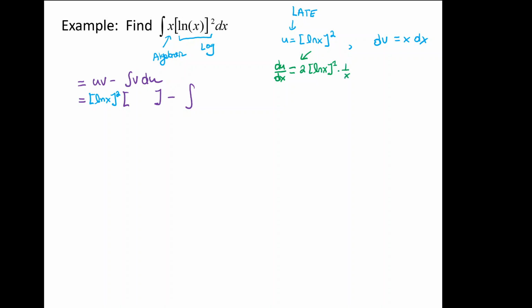The derivative of ln of x is 1 over x. I'm going to clean this up a little bit. This is 2 times the ln of x divided by x. And then we can cross multiply. So du is 2 ln of x dx over x.